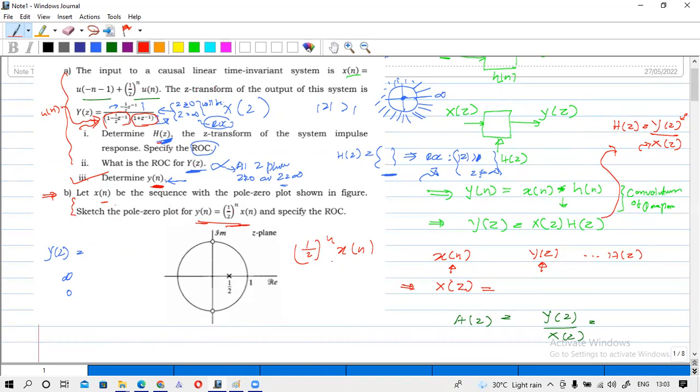So I think you can find this one very easily. How to find? You have already found the xn, and here you have to multiply it by half n. That means again you have to do the scaling. Not time scaling, z scaling for xn again. We have already found this xn.